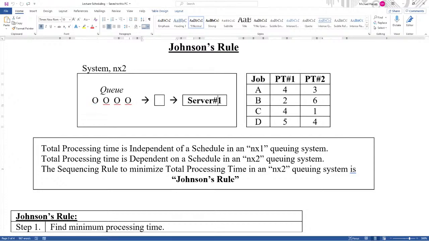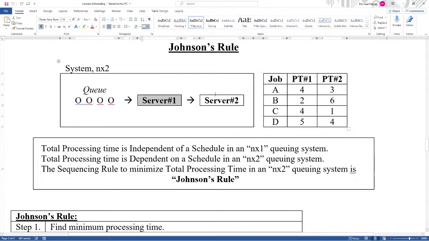The second thing that can happen is that server 1 could be finished before server 2. Now, if that's true, then this job will leave server 1, go to server 2, and will have to wait in front of server 2. And then job 3 will be processed by server 1.